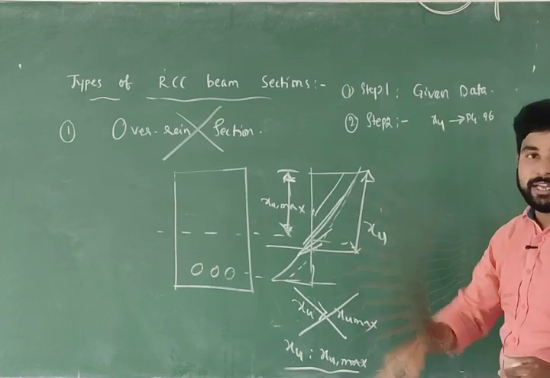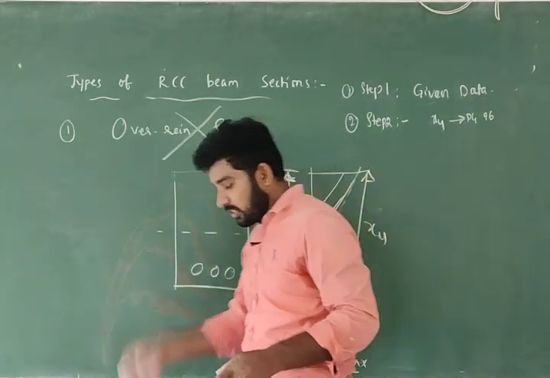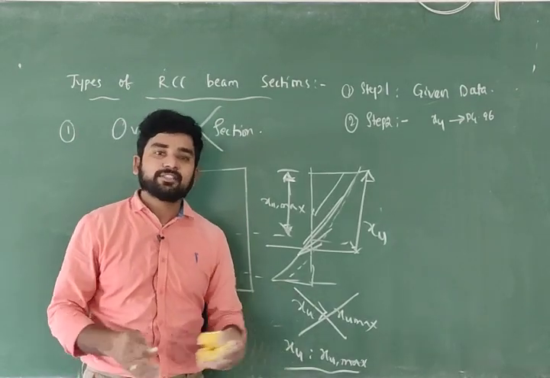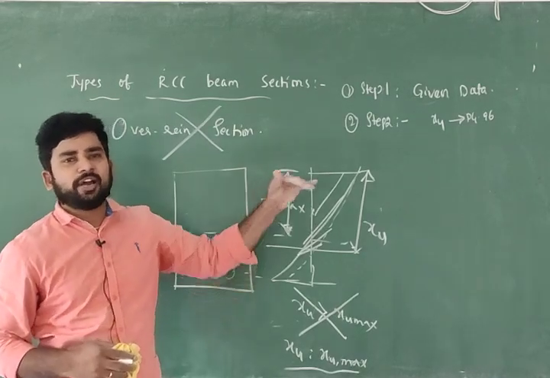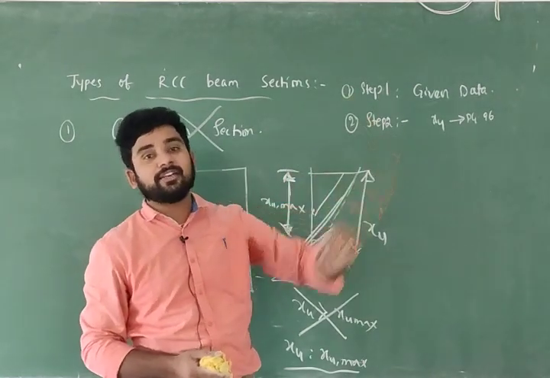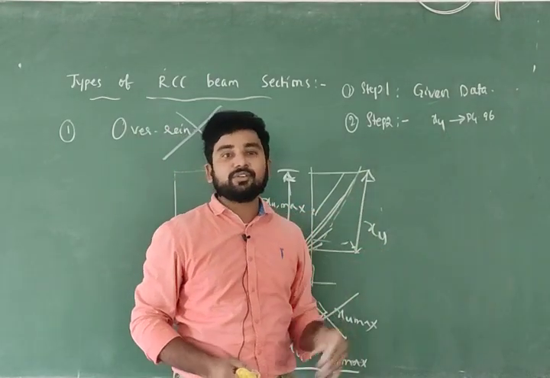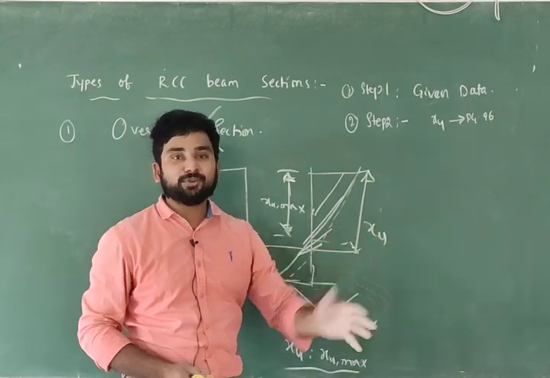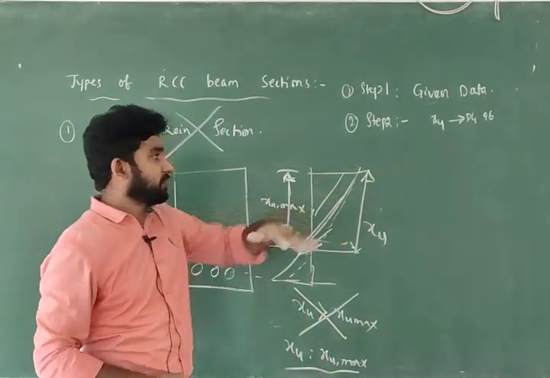Every time you don't want to open IS 456 2000, you should remember it, because this code book is useful not only for examinations but also practically when you design any structure. You have to follow IS 456 2000 until otherwise revised. So how to remember? XU equals 0.87 Fy AST divided by 0.36 FCK into B. You should remember it rather than opening the page every time.